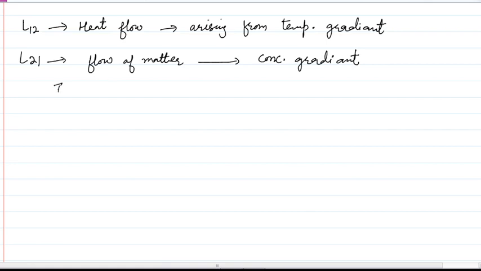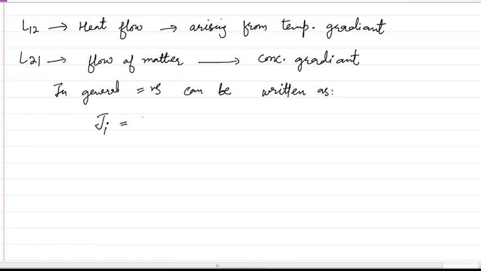So in general, these equations, that means J1 and J2, can be written as a general equation.